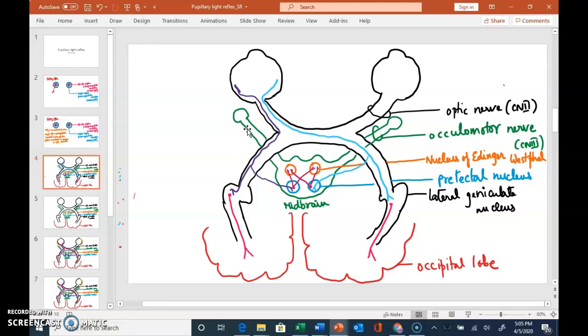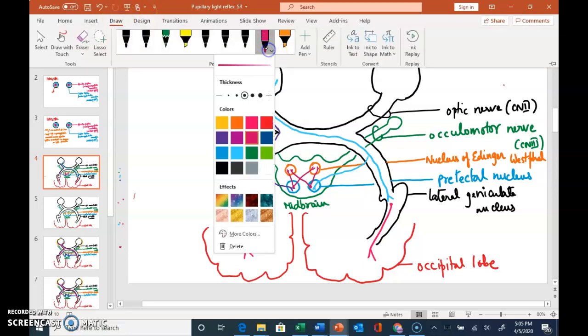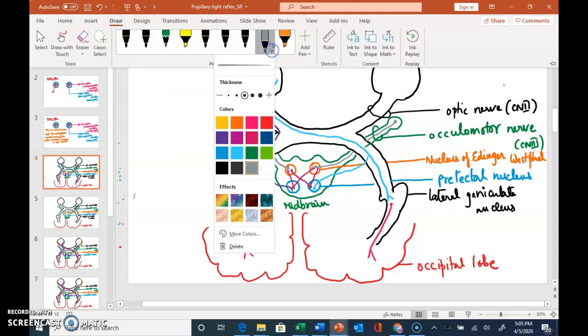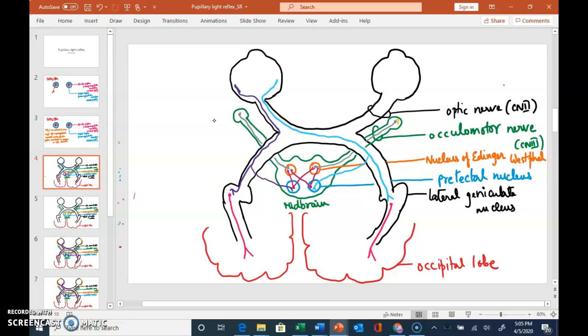Okay, and then from the nucleus of Edinger-Westphal, another neuron will carry information via the oculomotor nerve on either side, and from the oculomotor nerve another neuron will go to the sphincter pupillae muscles of the iris.